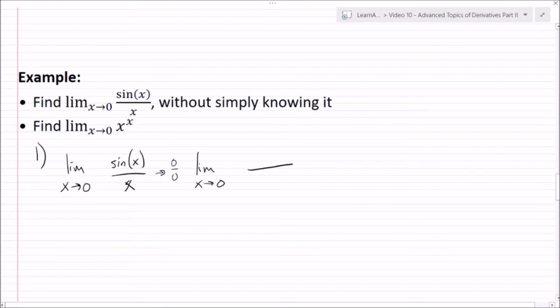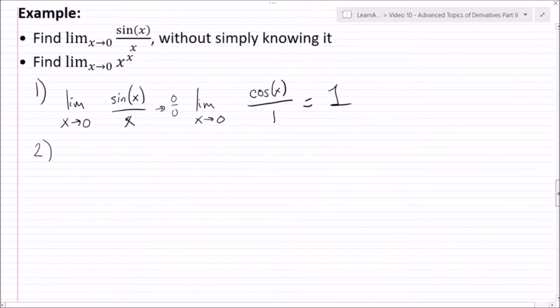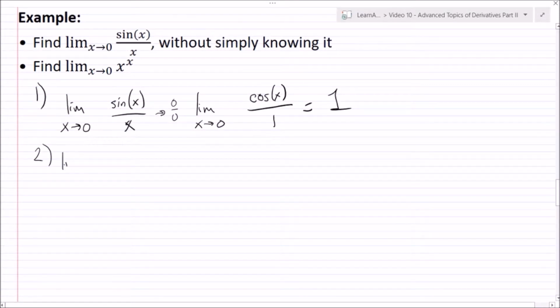So derivative of sine is cosine. The derivative of x is just 1. Now I can plug this in and see that it's in fact 1. So you should have just known this right away was 1, but you can very simply find it using L'Hopital's Rule. Now the second one you might have had some trouble with, and it's not very easy to do.